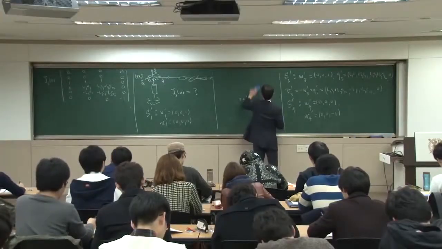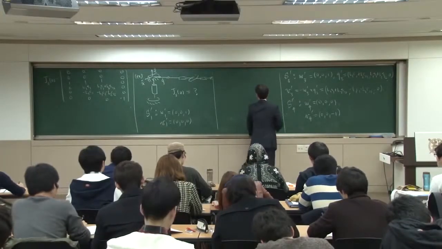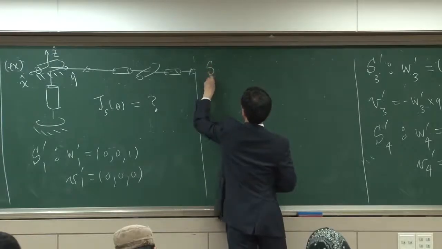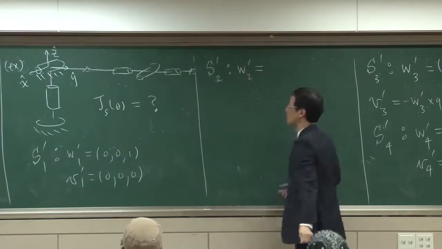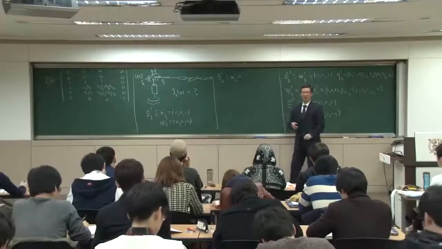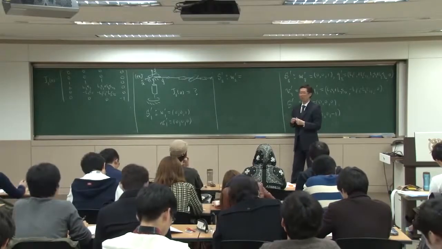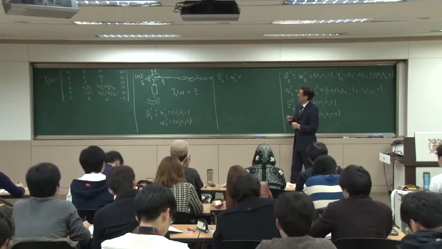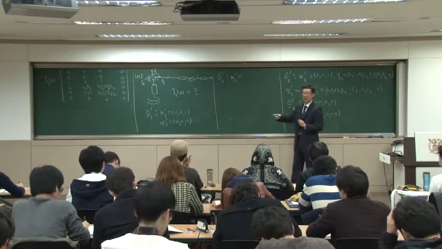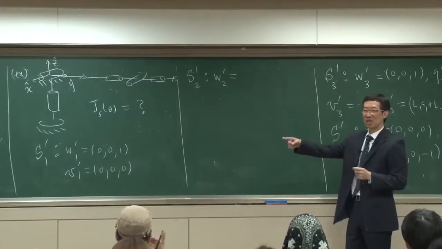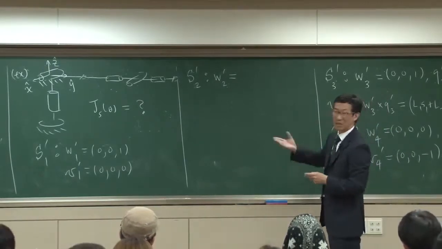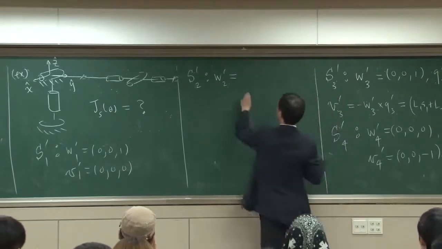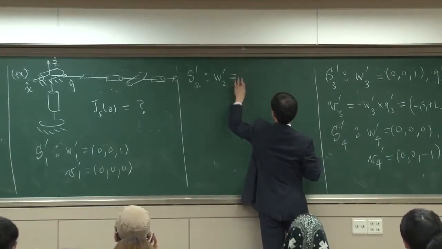Okay, second column. S2 prime. Omega 2 prime. Direction of joint axis 2. It's not fixed now. It changes with theta 1. Okay, what is it? Well, this is not too bad, I think. Let me write in vector form.